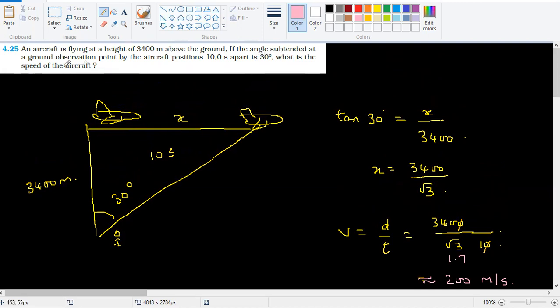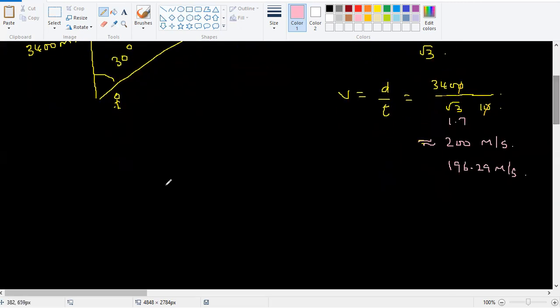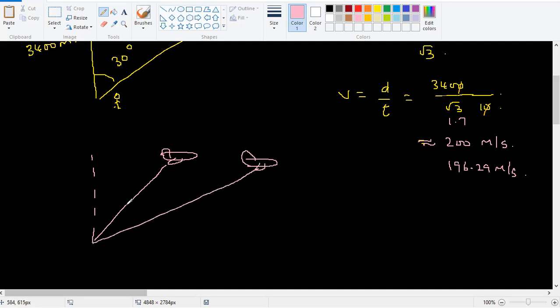If angle subtended at a ground observation point by the aircraft positions 10 seconds apart is 30 degrees. So what I'm trying to say here is it could have been like this. The aircraft is here, and then I'm observing the aircraft, and then the aircraft was here. And this could be 30 degrees.